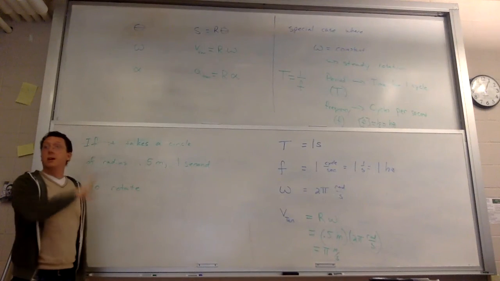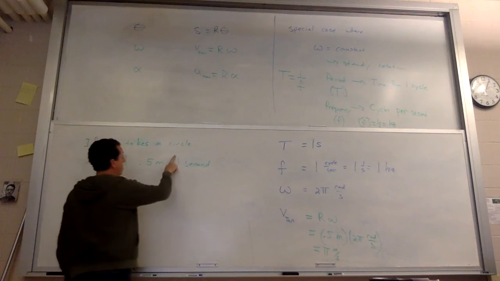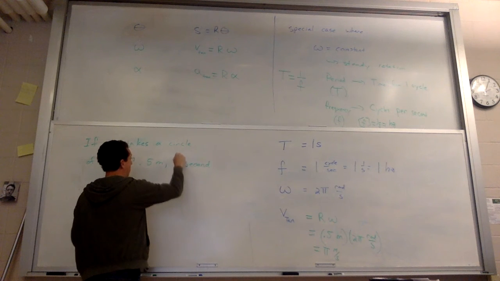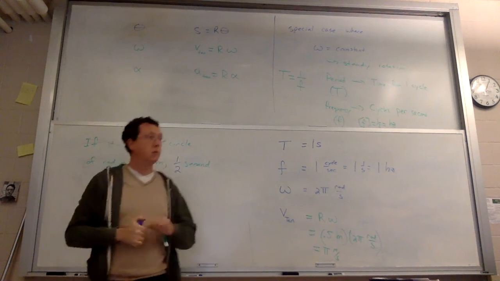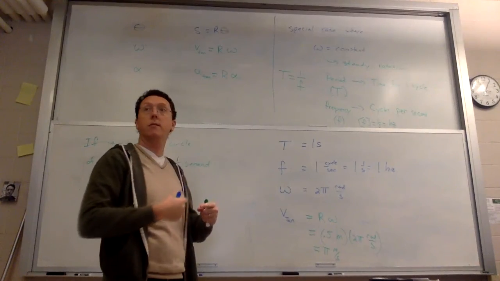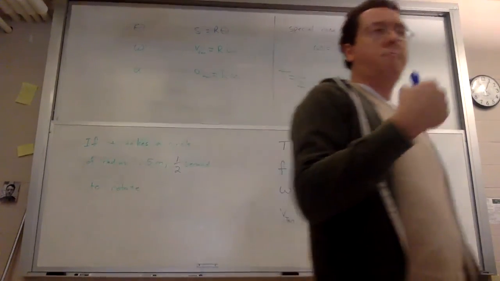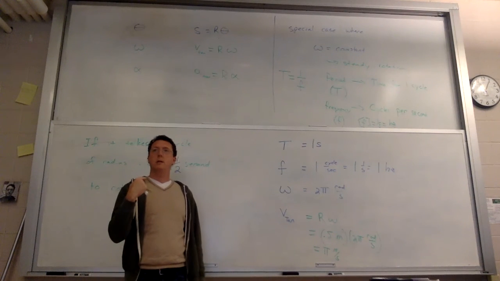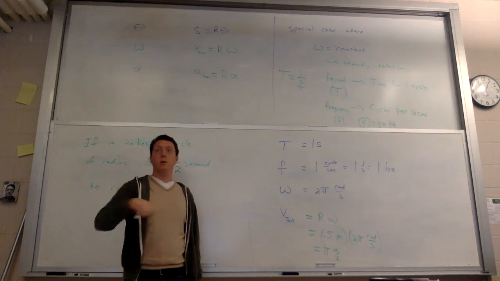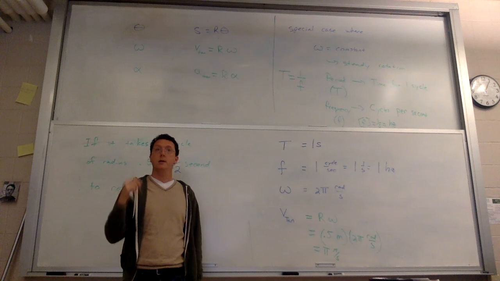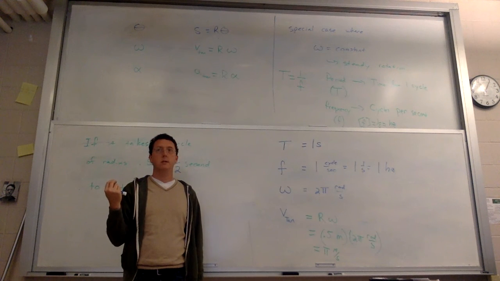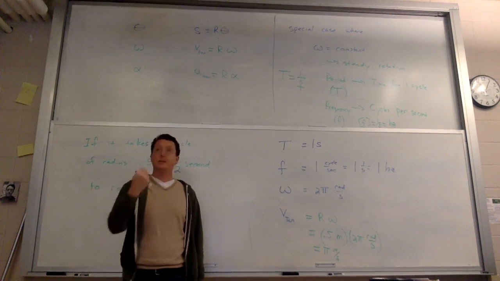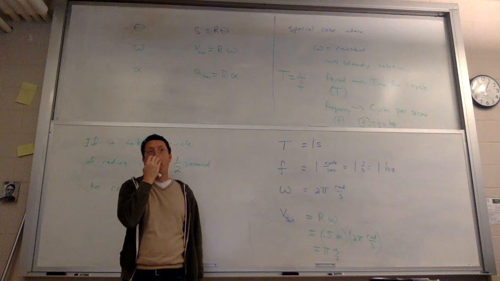I'm going to change the numbers. I want you to resolve. Let's say instead of 1 second, it was half a second. So it takes half a second to go all the way around. Now think about that. Is the period bigger or smaller? It used to take a second to go all the way around. Now it takes half a second. Smaller, right? Because the time for each cycle is less. What about the frequency? Bigger.